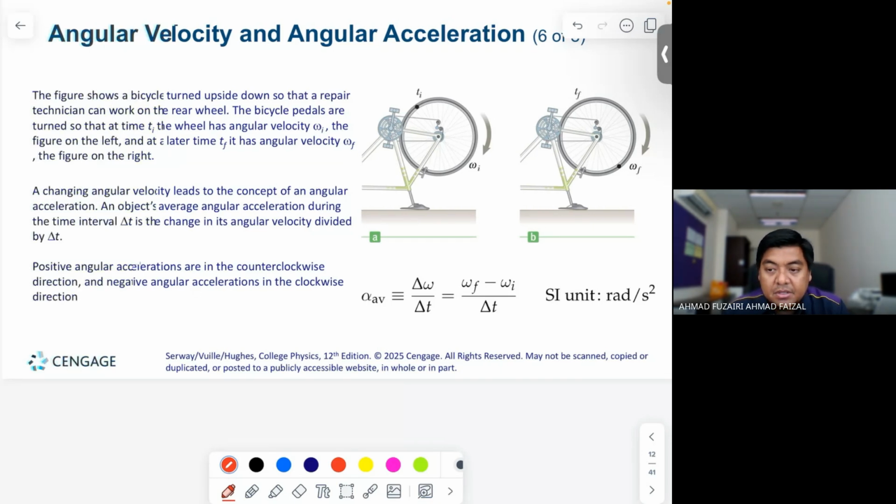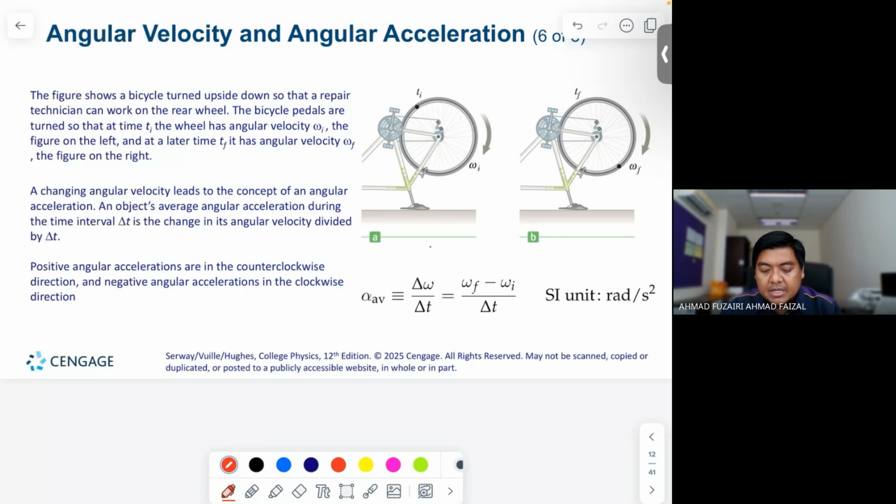The figure shows a bicycle turned upside down so that a repair technician can work on the rear wheel. The bicycle pedals turn so that at time t initial, the wheel has angular velocity omega initial, and at a later time t final, it has angular velocity omega final.